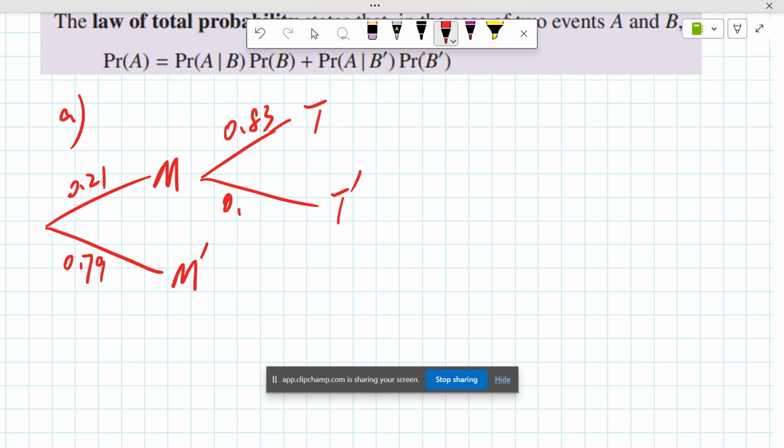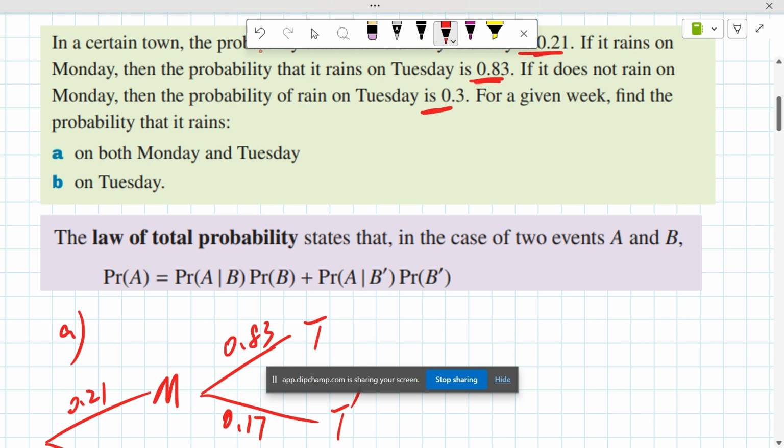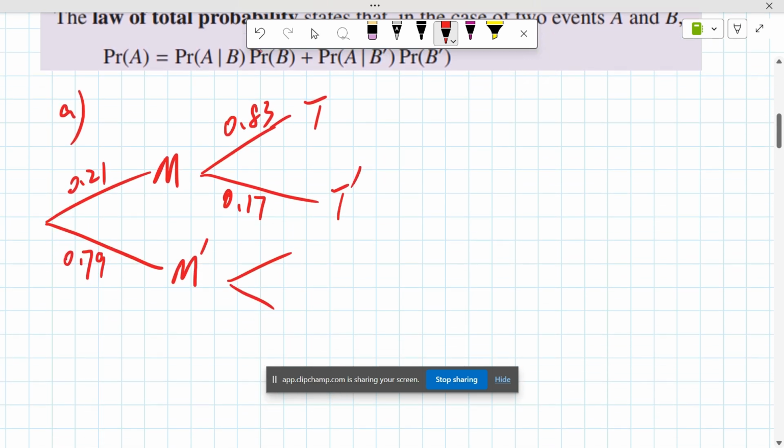And 0.17 will be not rain. But if it doesn't rain on Monday, they said 0.3 for Tuesday raining, so 0.7 for T not raining.